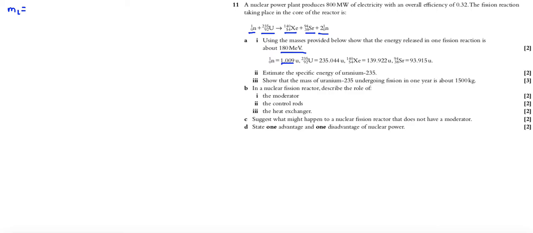This is neutron, this is uranium, so this is 1.009 plus 235.044. In units it is 236.053 units.